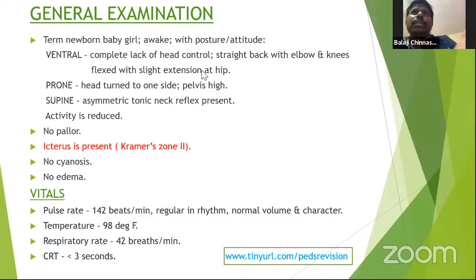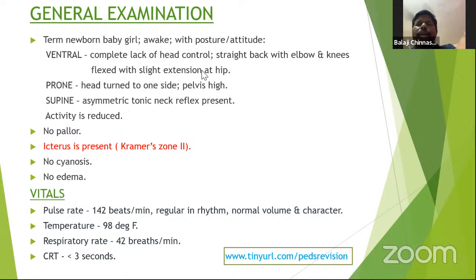Then posture: the baby is in a flexed posture and moving all four limbs. And activity is reduced. So you want to say that the baby is sick, right? Activity reduced, sepsis, no, Vignesh? Yes, sir. But usually in exams we don't give you sick kids.